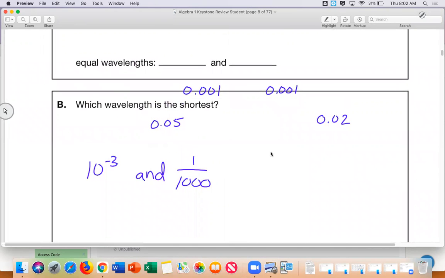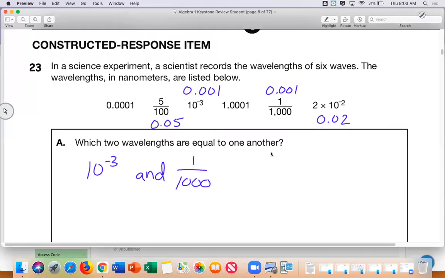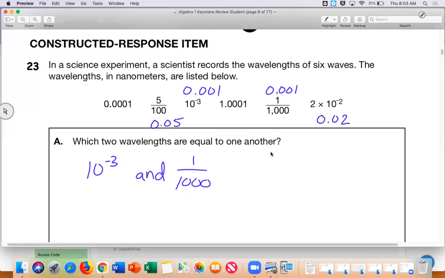Which wavelengths are shortest? Okay. Now, short wavelengths would be the smaller ones. So up here, I'm looking at these. I'm thinking, all right, which ones are my biggest, so to say? I kind of eliminate this guy because that's one. Everything else is kind of smaller than that.